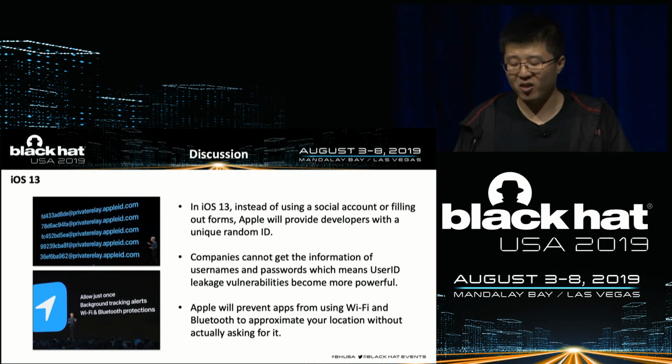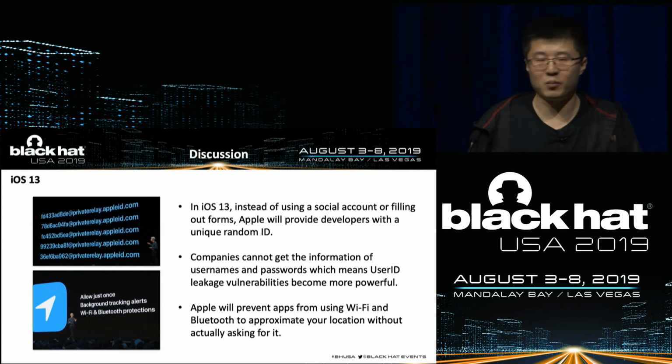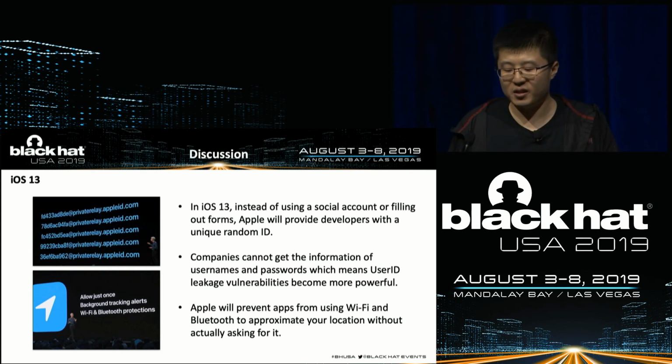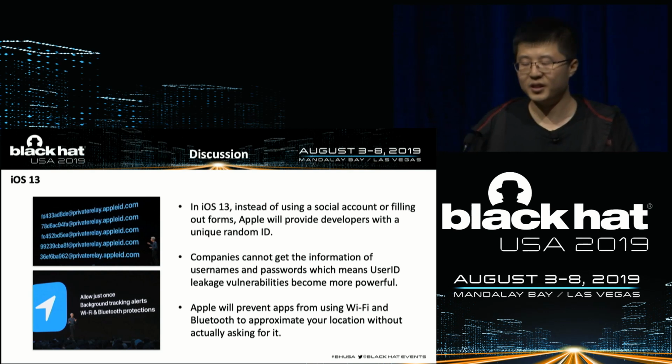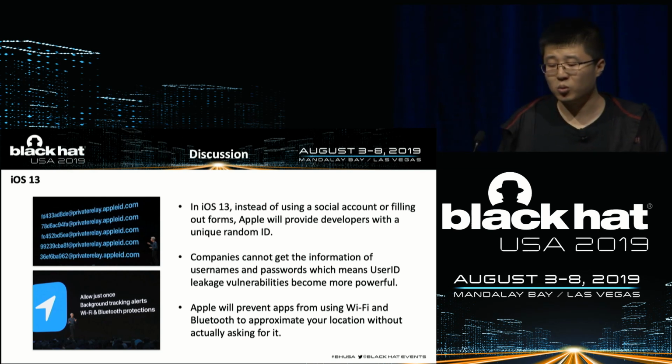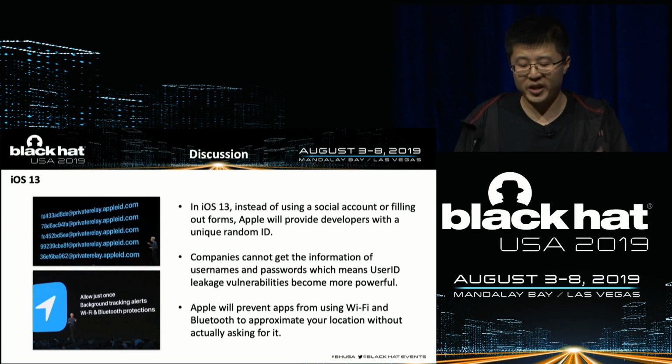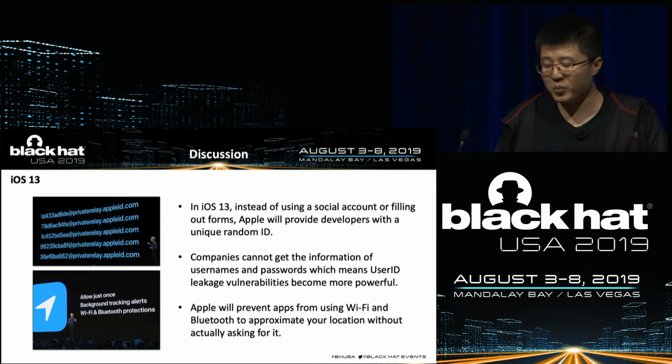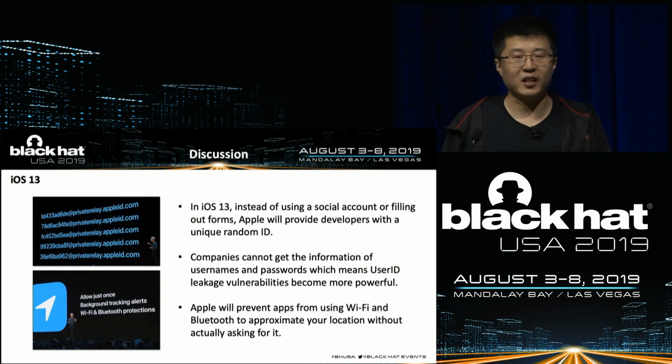Companies cannot get the information of usernames and passwords, which means user ID link vulnerabilities become more powerful. In addition, Apple will prevent apps from using Wi-Fi and Bluetooth to approximate your location without actually asking for it. It means getting location and MAC address related information in silence becomes more difficult.